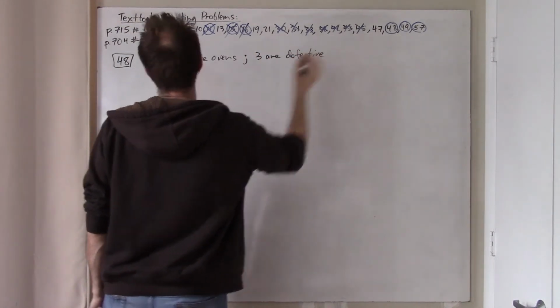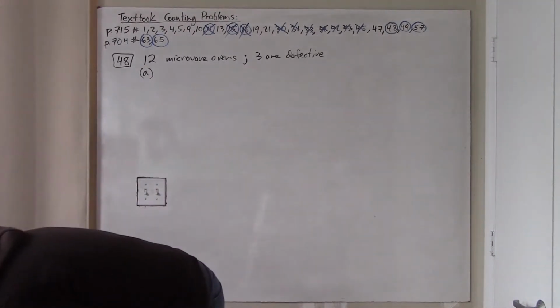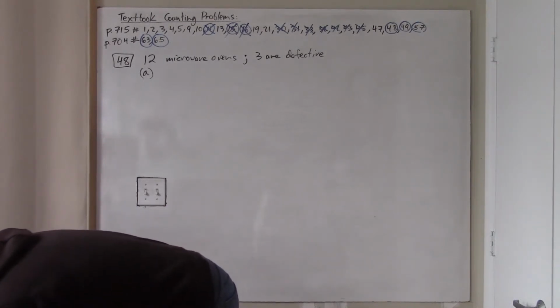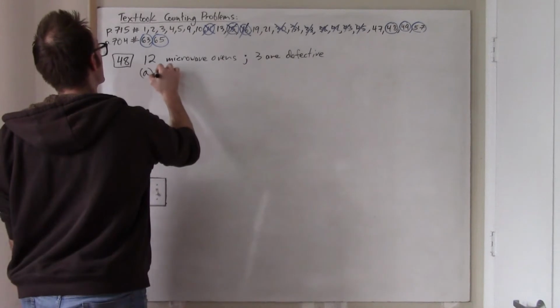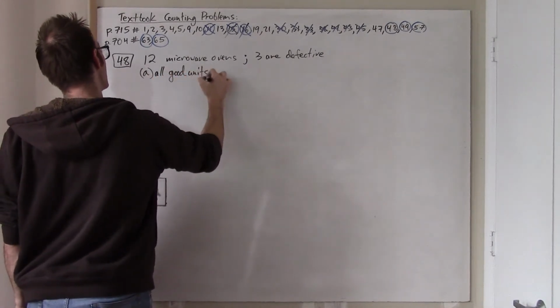And now the question is, let me just make this. A shipment of 12 microwave ovens contains 3 defective units. In how many ways can a vending company purchase 4 of these units and receive all good units? So A, all good units.